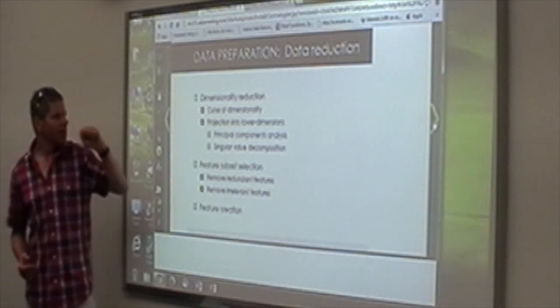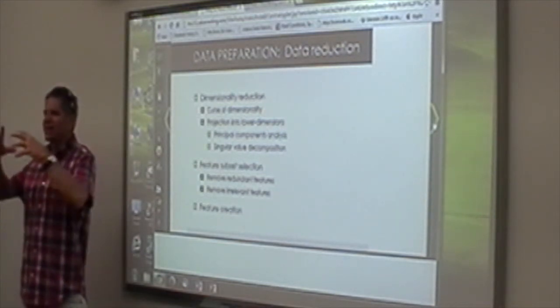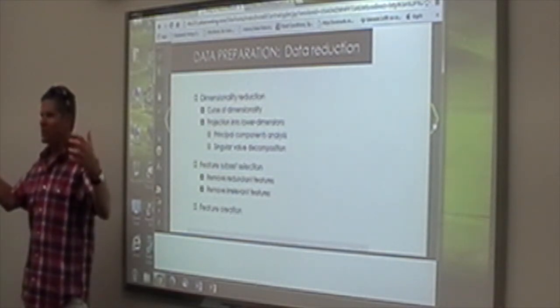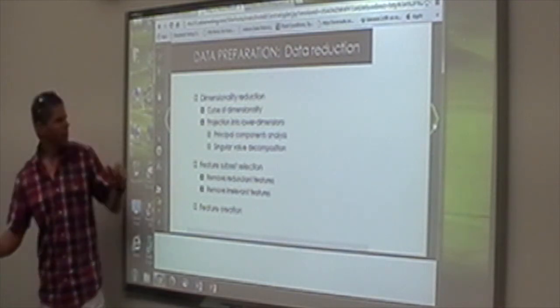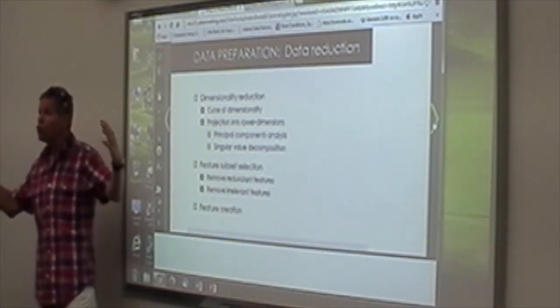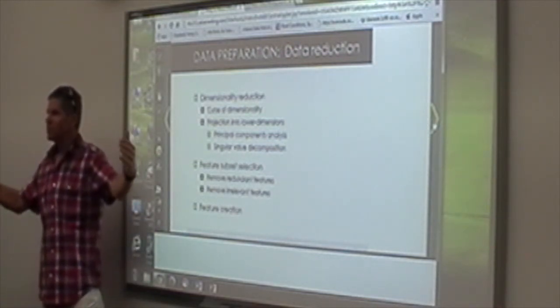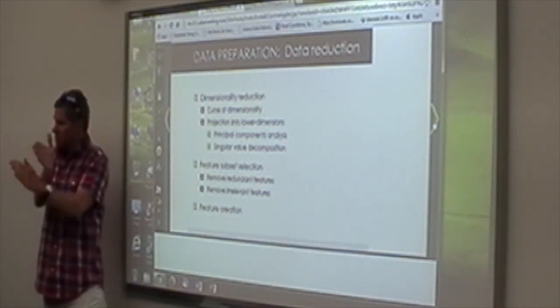It's called the curse of dimensionality, that things get really big and really processor intensive. And the other issue is that if we have too many dimensions, sometimes you just end up with a lot of zeros because you're being too specific.